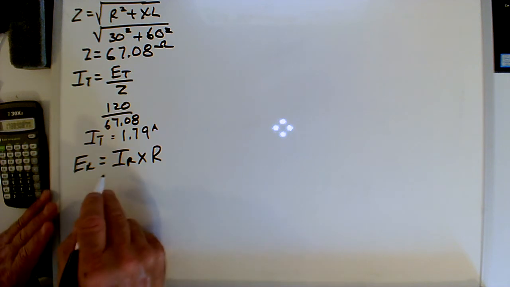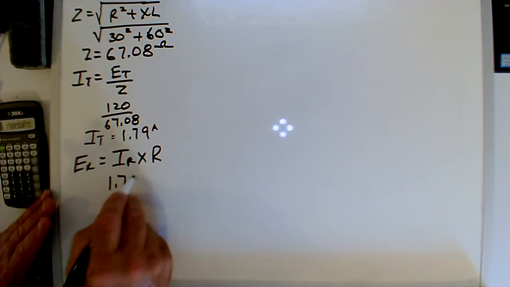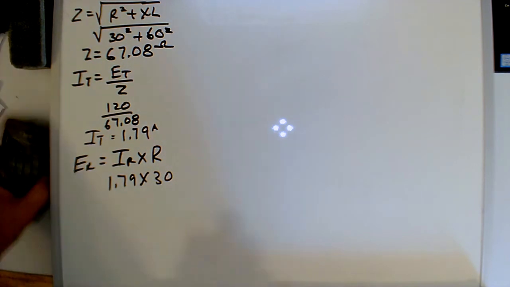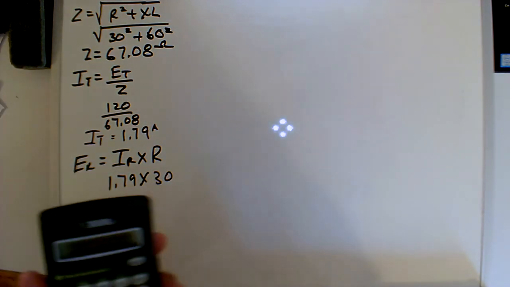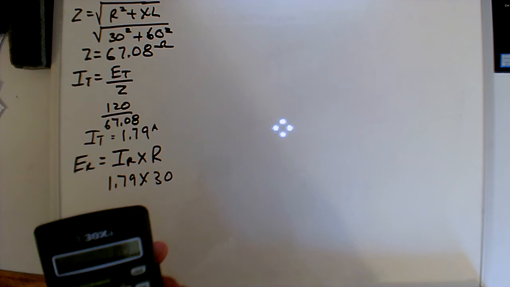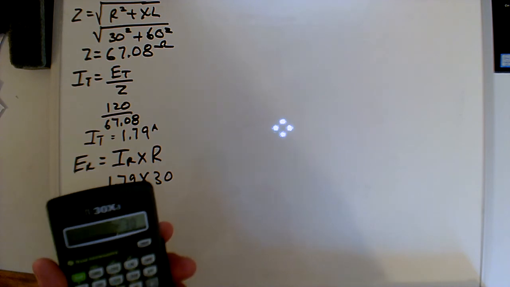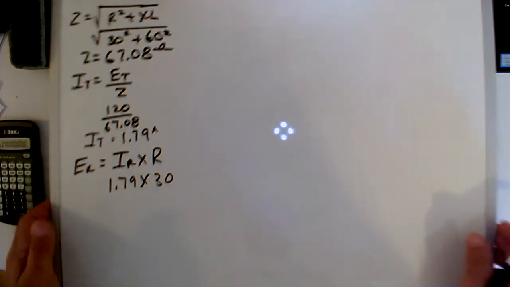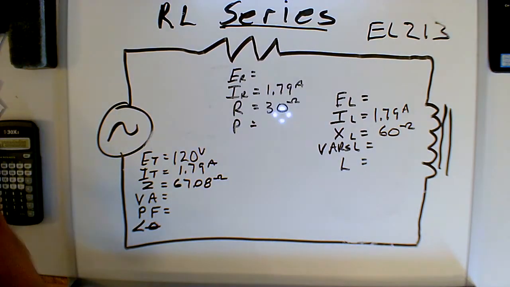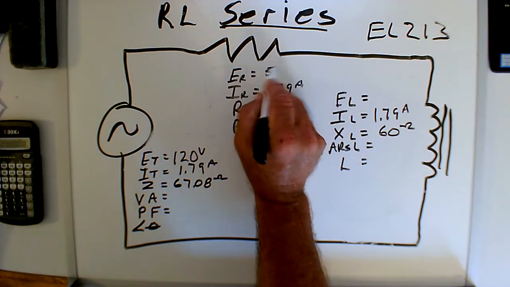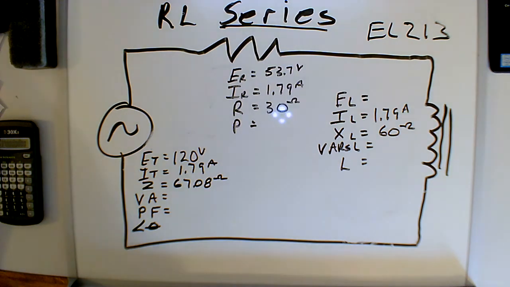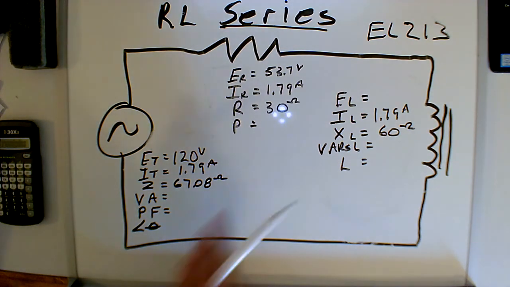And IR is 1.79 and R is 30 ohms. So if I take 1.79 times 30 ohms, that equals 53.7 volts. I can write in here 53.7 volts. That's how many volts were dropped across the resistor in this case.